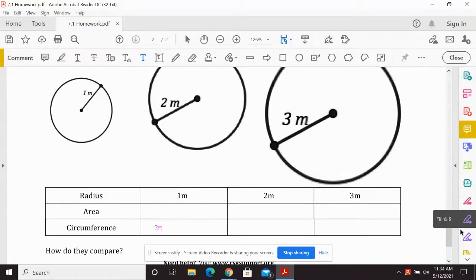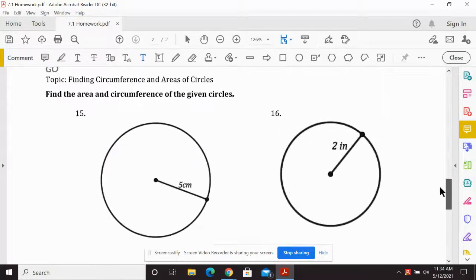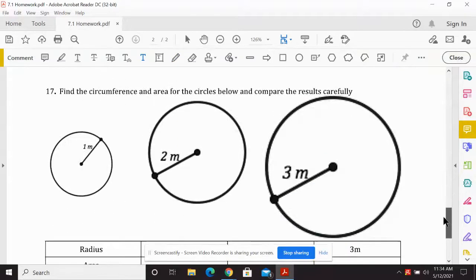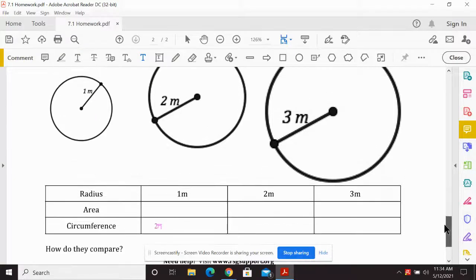And then the area of that one. The area of a circle is pi r squared. My pi is going to look funky. So if we go down to this one again, pi r squared. The radius squared, 1 squared, is just 1.